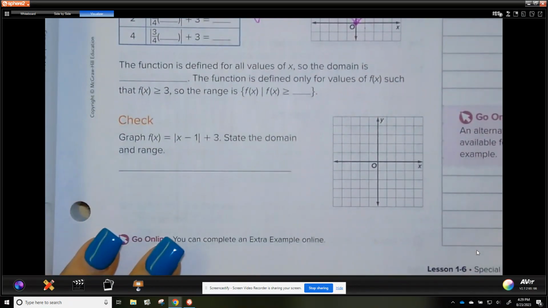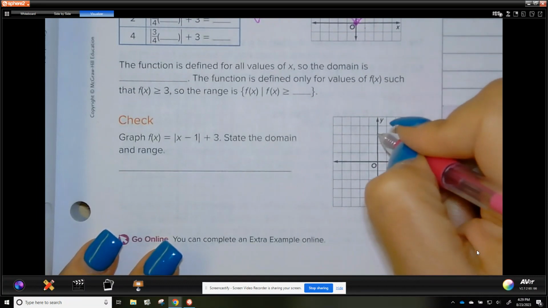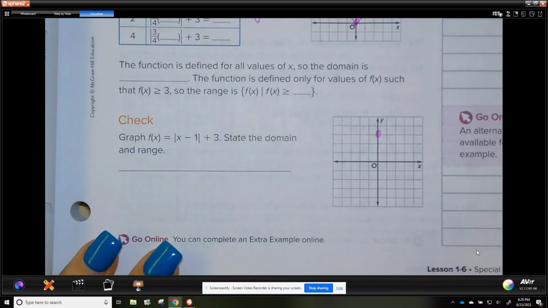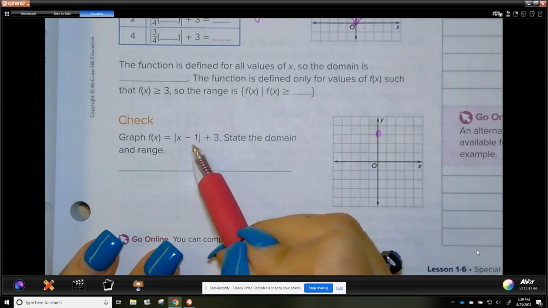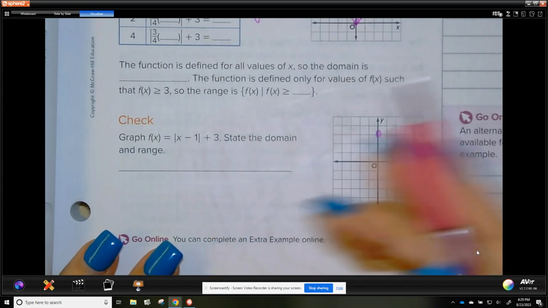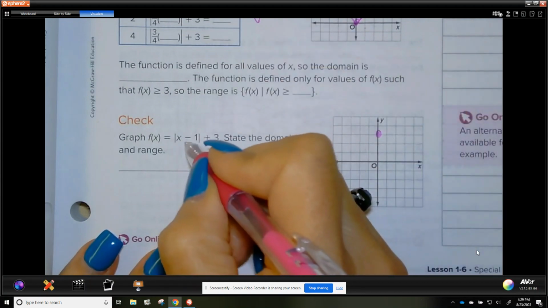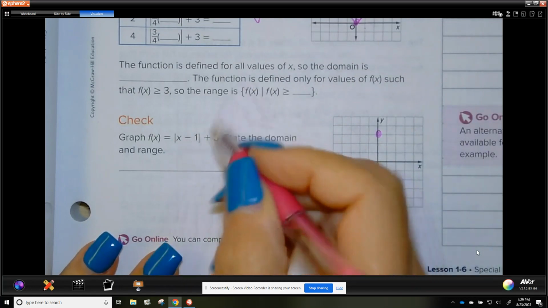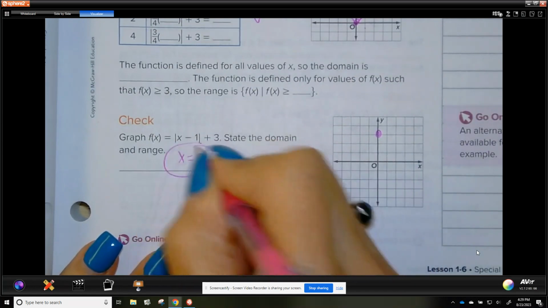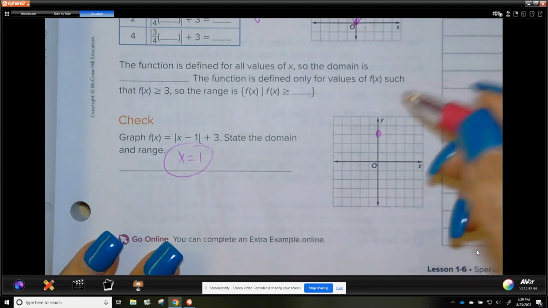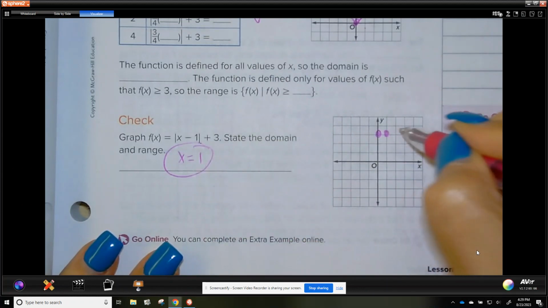This one's a little different because we did move 1, 2, 3, but it also has this, which is not multiplying. This is subtracting, and we'll do it more. This is what would make this 0. x equals 1 would make that 0. So 1 is positive, so it's going to move over here to the right.